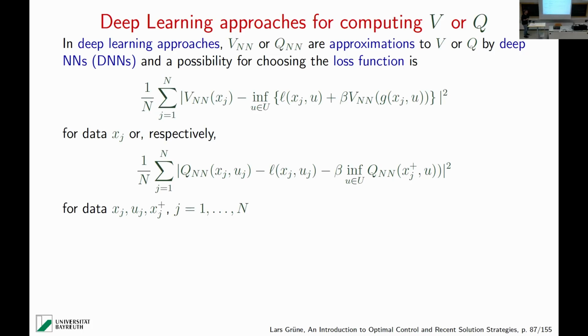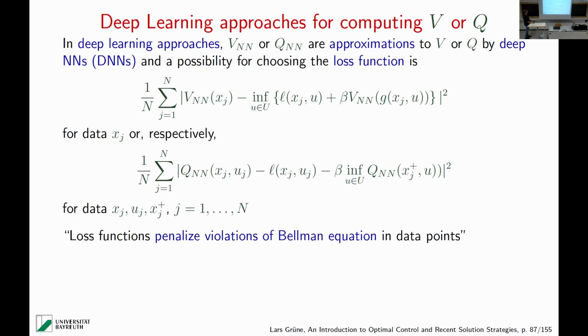Does anyone see immediately what we are minimizing here? Well, I can show you. It's the violation of the Bellman equation. If the Bellman equation is satisfied in all the data points, then this expression would be 0, because this is just the Bellman equation with everything put on one side. And if the Bellman equation for Q, which you get by modifying it a little bit, is satisfied, then this would be 0 in the data points.